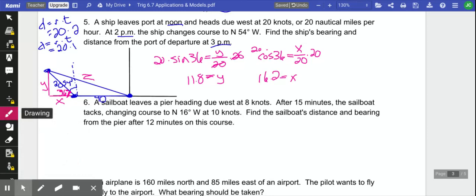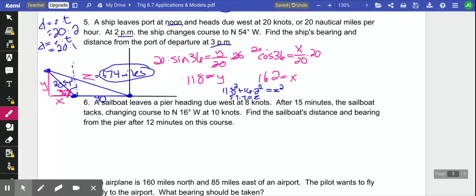And then we can use the Pythagorean theorem to find z, because we know that 11.8 squared plus 16.2 squared is z squared. And so it turns out that z is 57.4 miles. So that was part of our answer.